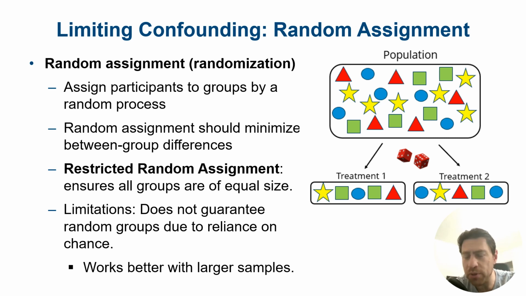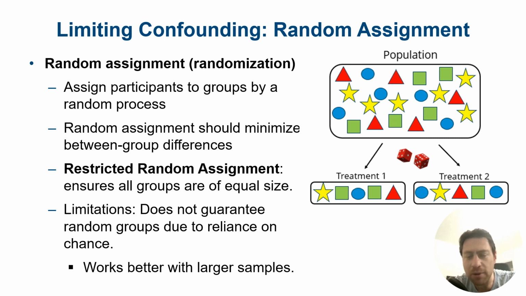All right, so one approach for creating equivalent groups is random assignment. And so this is when you assign individuals to your treatment conditions using some random process without any systematic bias. And the purpose, again, is to create groups that are roughly equivalent to one another.